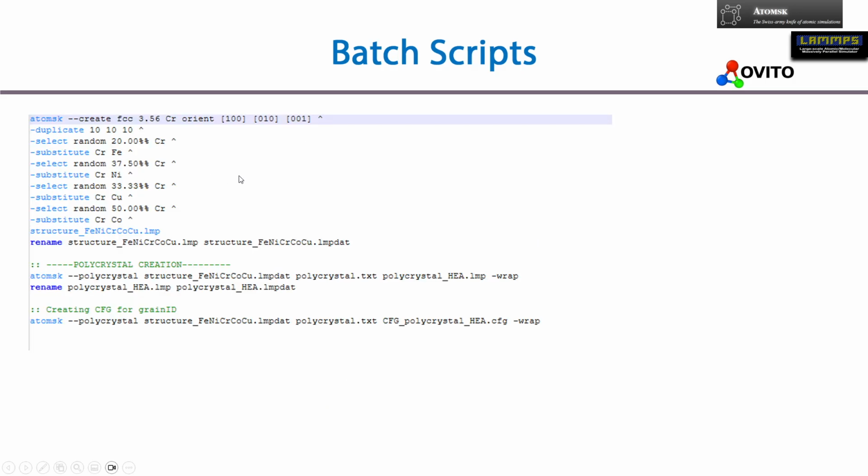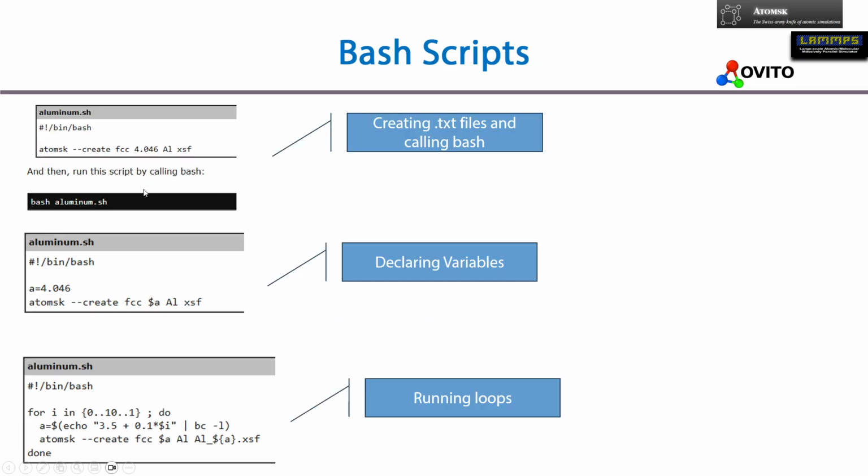So you are basically storing a command there. When you call the bash script, which is named aluminum.sh, what you need to remember is that all bash scripts end with .sh. When you run the command bash aluminum.sh, it will run the file named aluminum.sh.